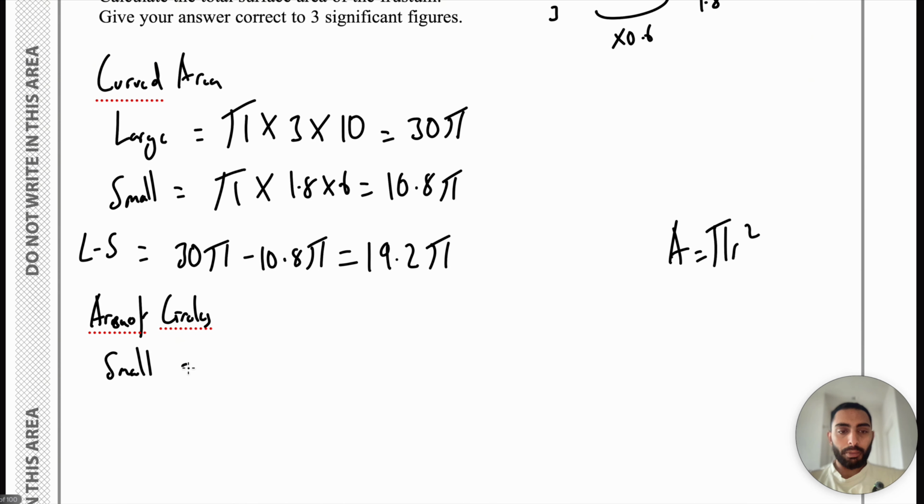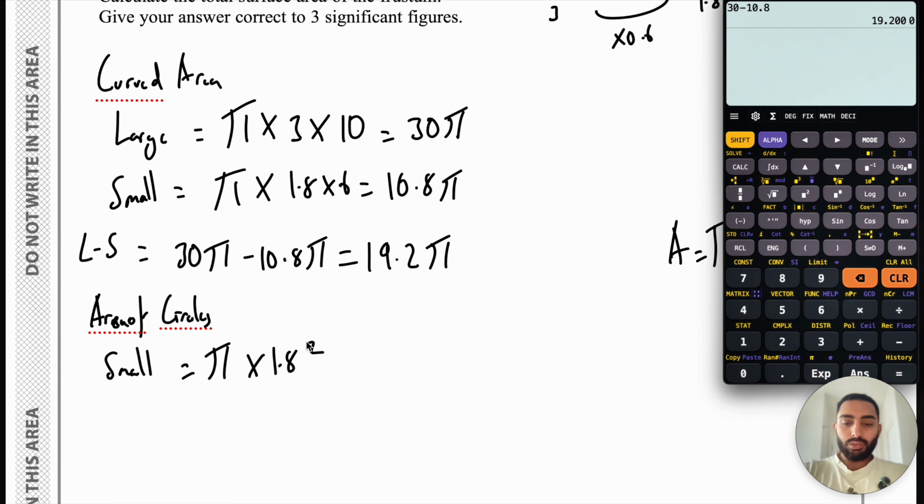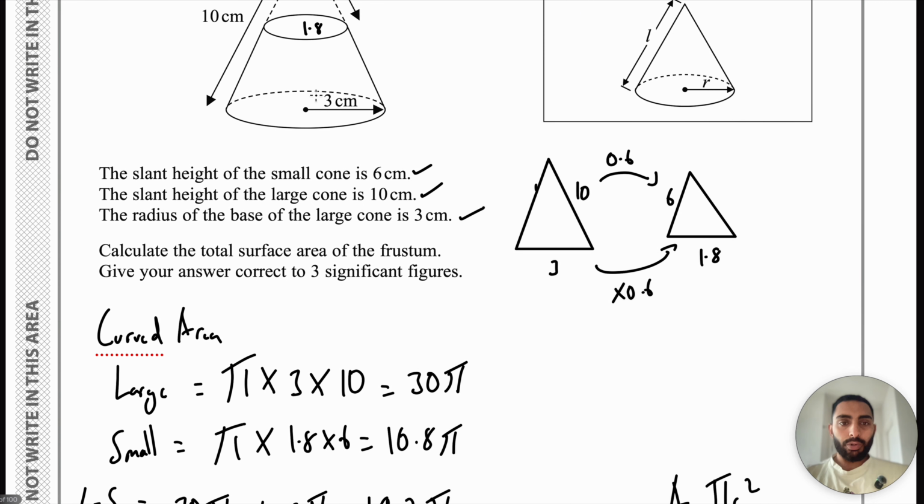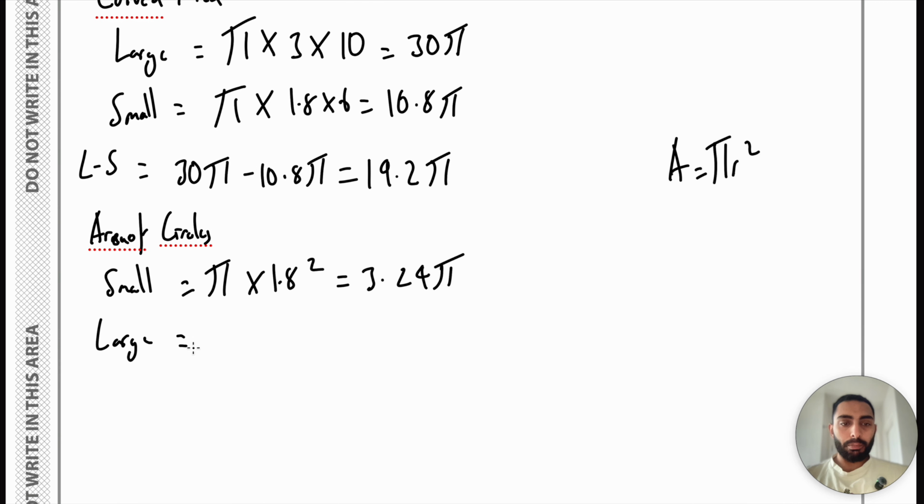So I'm doing pi multiplied by 1.8 squared. That's my small one. 1.8 squared is 3.24, so 3.24 pi. I'm going to do the same with the large one. The radius of the large one is 3, so I'm doing pi multiplied by 3 squared, which is 9, so it's 9 pi.